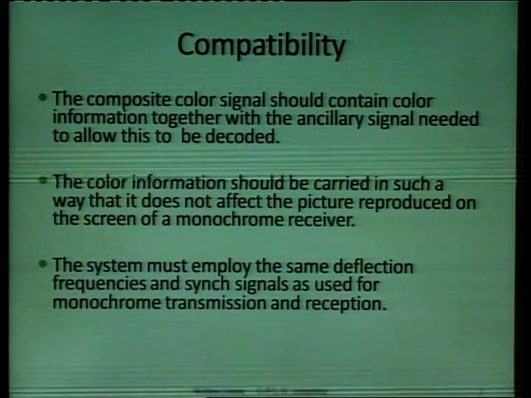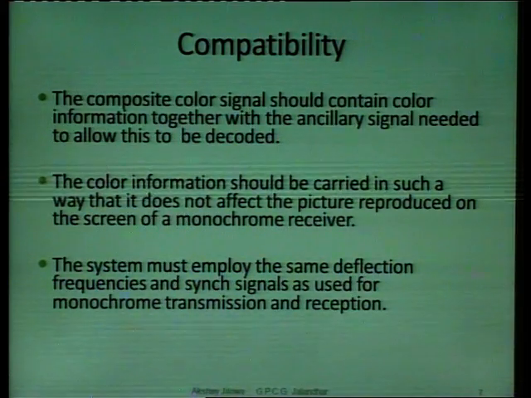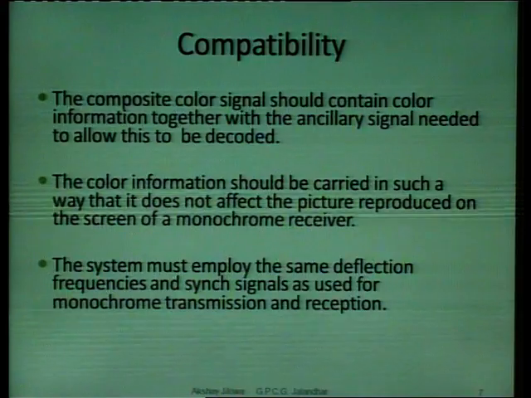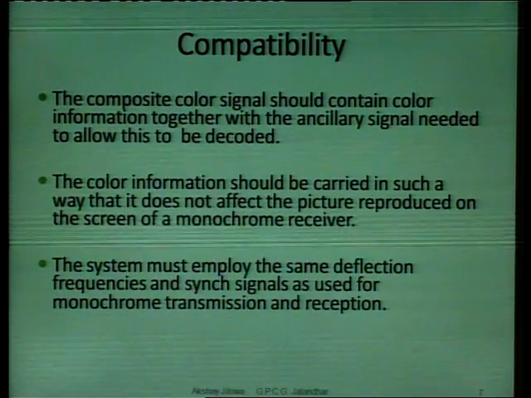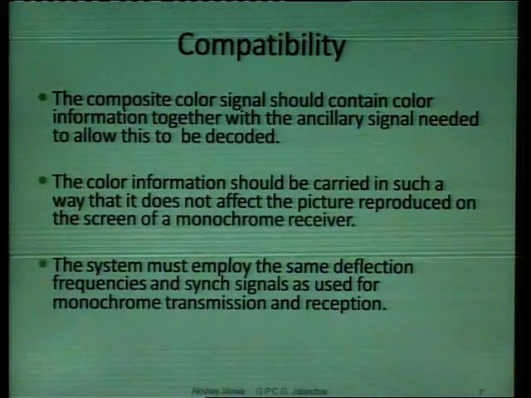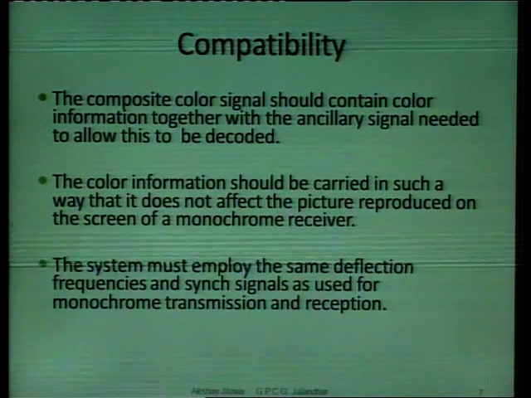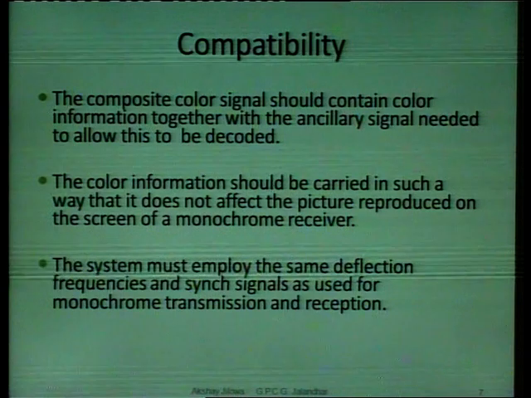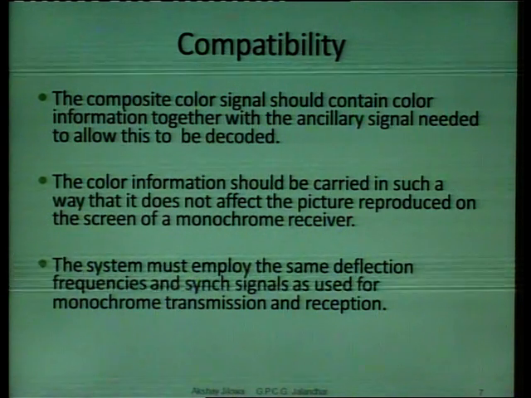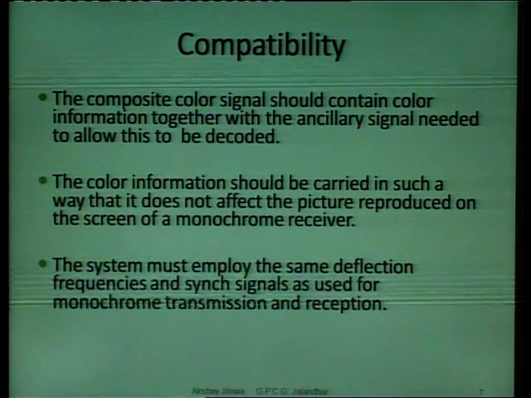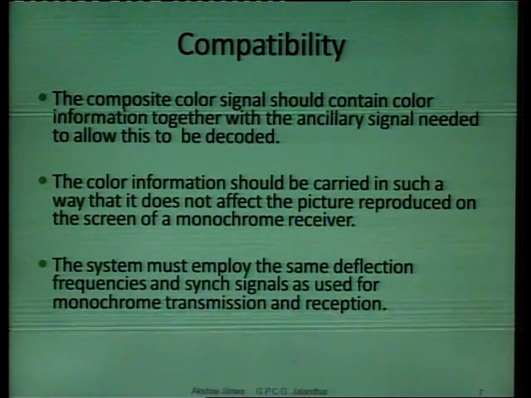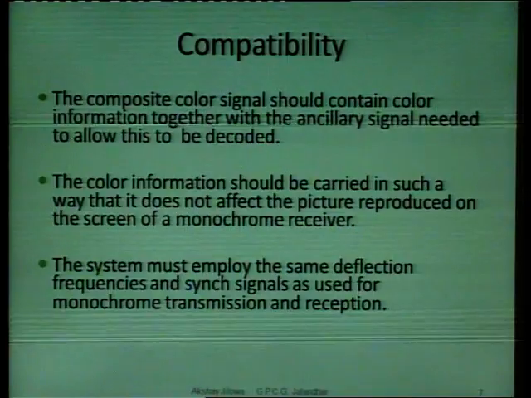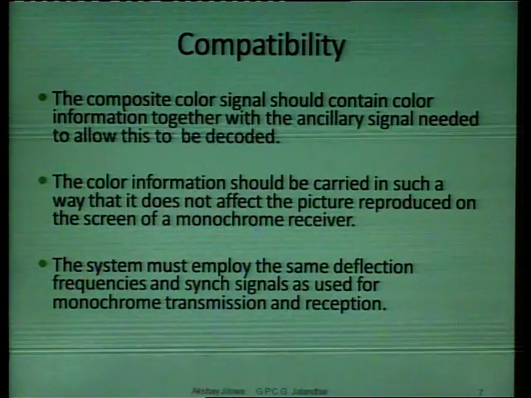The system must employ the same deflection frequencies and sync signals as used for monochrome transmission and reception. When we do monochrome transmission and reception, we use some signals which are called sync signals. These sync signals should be unaltered, they should remain the same whether it is monochrome or color.